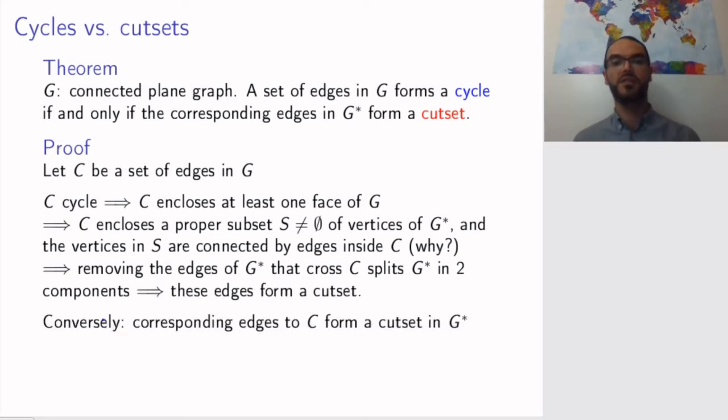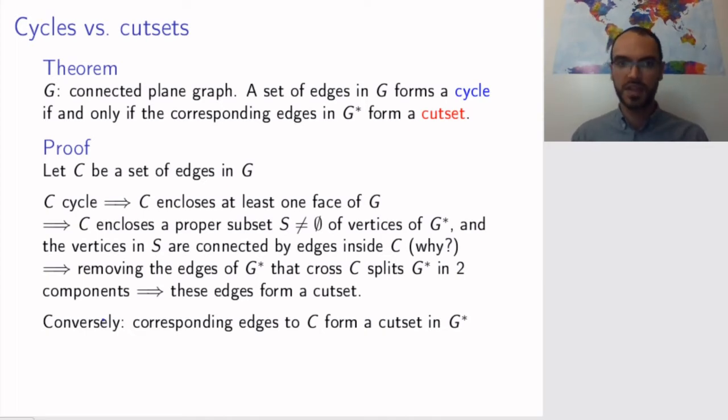That is precisely what it means to be a cutset. Namely, it separates in exactly two components because it's a minimal disconnecting set. Okay, that proves that if we have a cycle in G, then our corresponding edges in G star form a cutset.